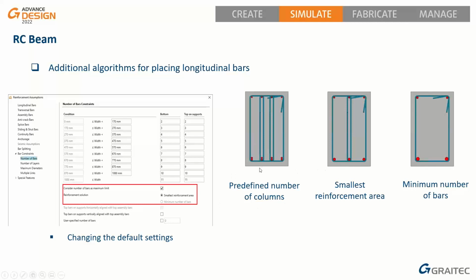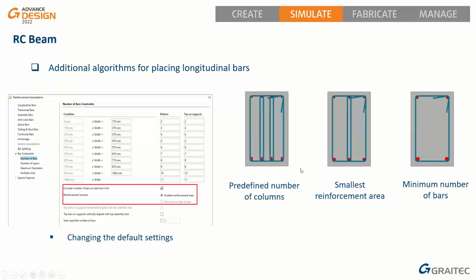Predefined number of columns gives the same number of columns as was entered. And the third option, the smallest reinforcement area, tries to find the smallest difference between the required and the real reinforcement. So in this case, it could be something between two solutions.